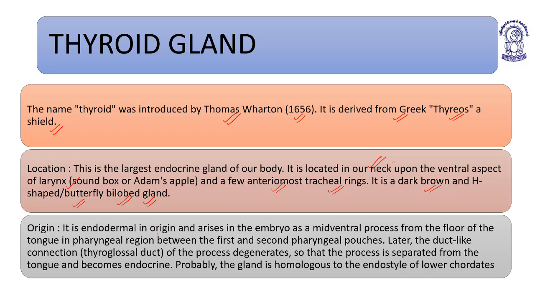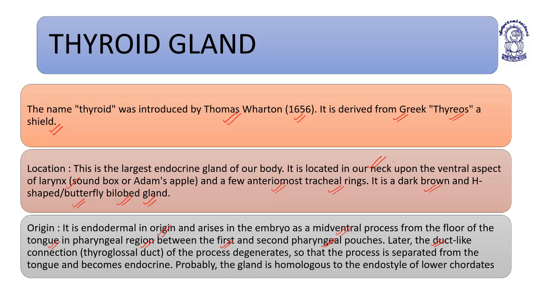The gland is endodermal in origin and arises in the embryo as a mid-ventral process from the floor of the tongue in the pharyngeal region between the first and second pharyngeal pouches.